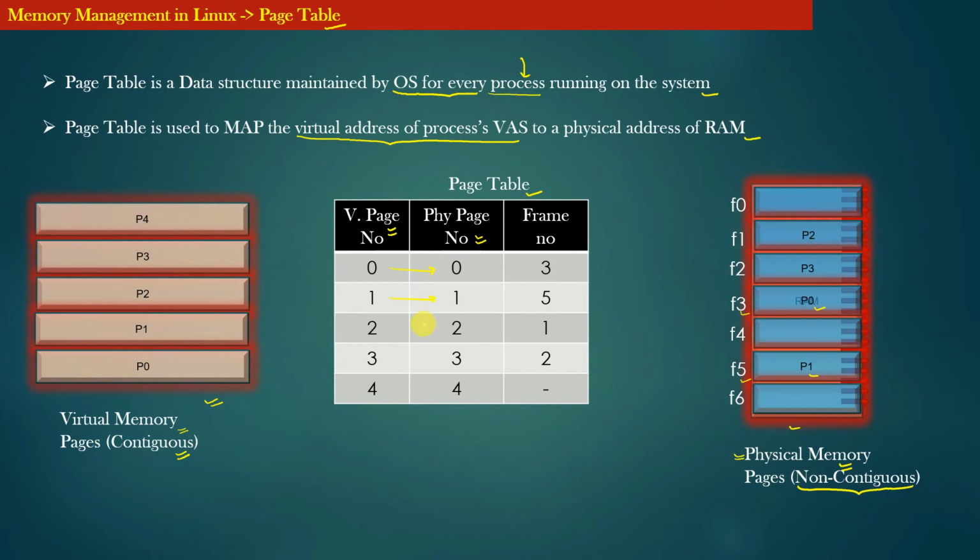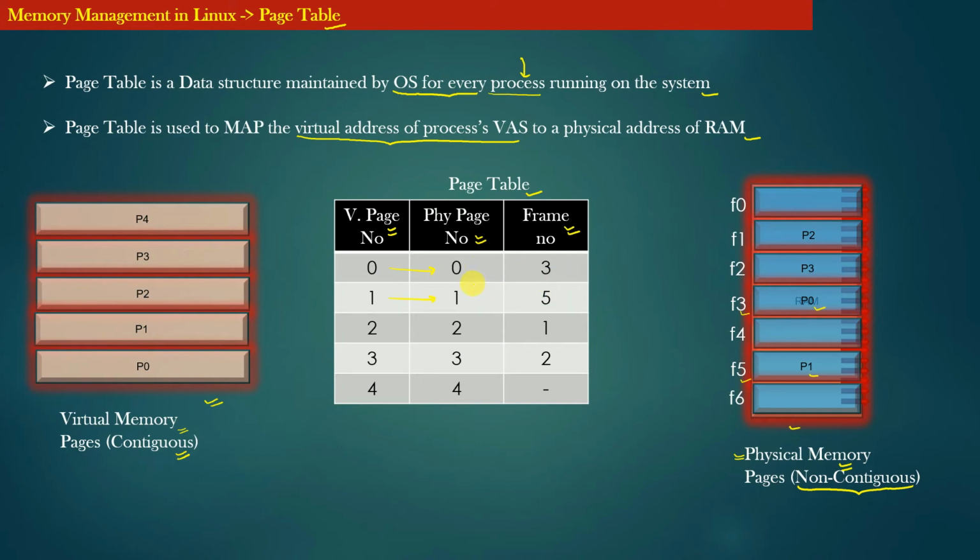In the normal scenario, the virtual page number is always equal to the physical page number. We will see later in what scenario the virtual page number may not be equal to the physical page number in a page table. The third column is the frame number. Frame number means the frame number of main memory in which this physical page is loaded.